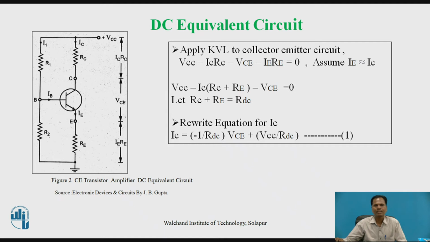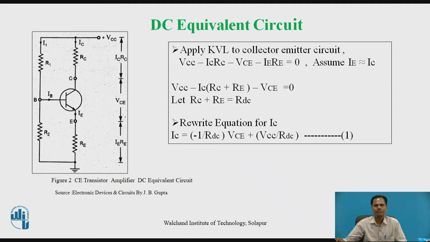Let us designate RC plus RE equal to RDC, where RDC stands for the DC load resistance of the transistor in a DC analysis considering DC voltage and DC current. Let us rewrite the equation for the output collector current: DC collector current IC equal to minus 1 upon RDC into VCE plus VCC upon RDC.